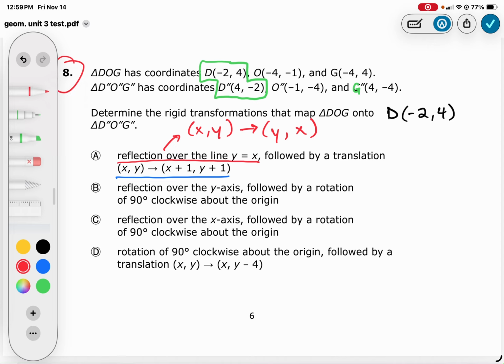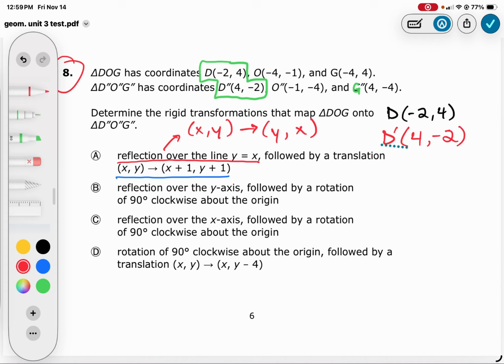So let's try that out in red. If you do the first transformation for D, you just switch the ordered pair, and it becomes 4, -2.